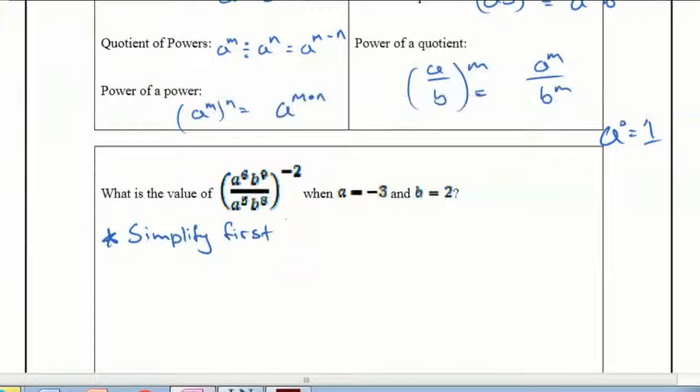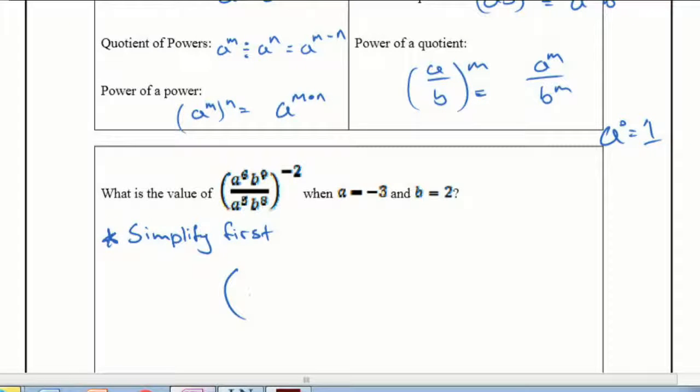So what I'm going to do is simplify it, and I don't know if yours looks as messy as mine, but that's how it formatted, unfortunately. Let's get rid of my negative exponent.